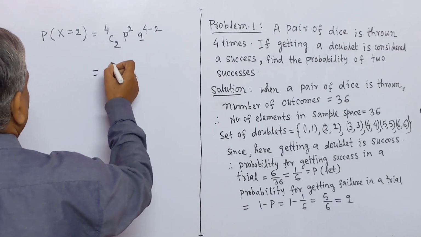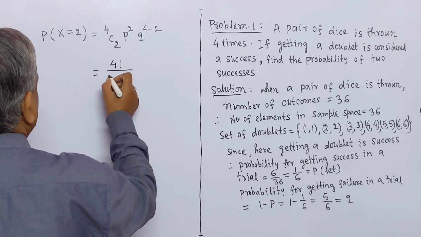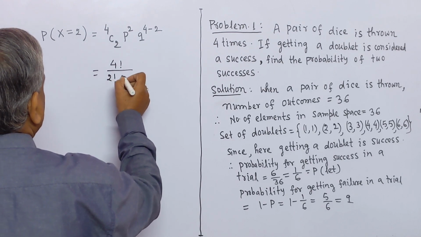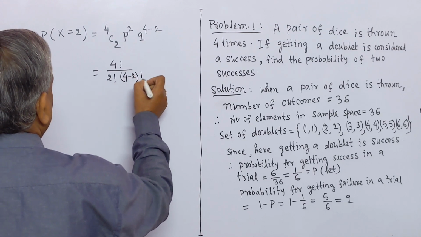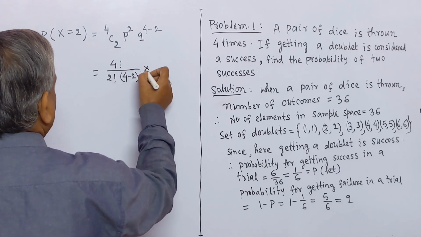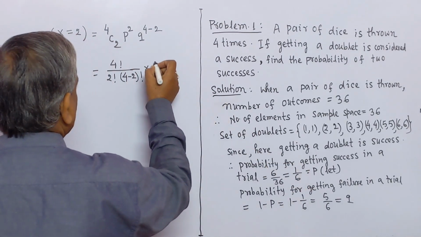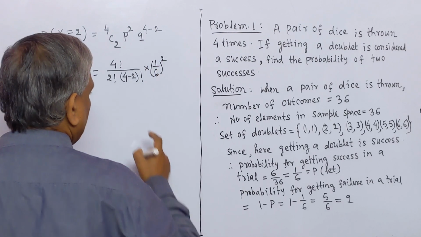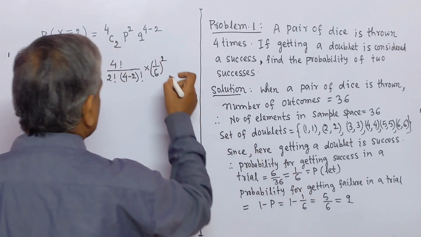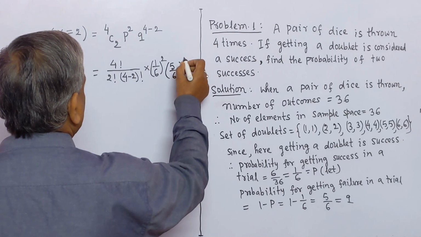And this will be 4C2, means factorial 4 by factorial 2 factorial 4 minus 2, multiply p is 1 by 6, (1 by 6) whole square, q is 5 by 6, (5 by 6) whole square.